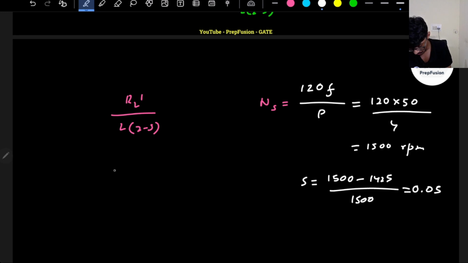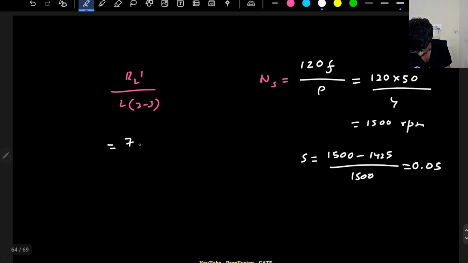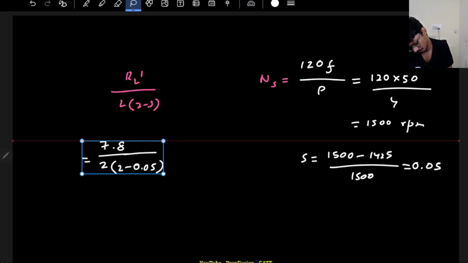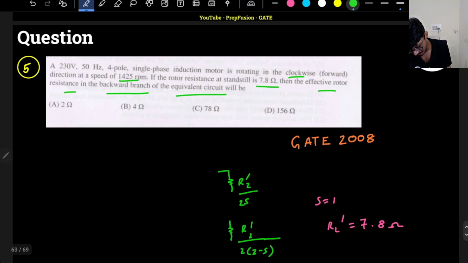Okay, so R2' is 7.8 divided by 2 into (2 minus s). 2 minus s is 2 minus 0.05. So this will be 7.8 divided by 2 into 1.95, so your equivalent resistance comes out to 2 ohm. Okay, so your backward resistance will be 2 ohms, that is present in option A.